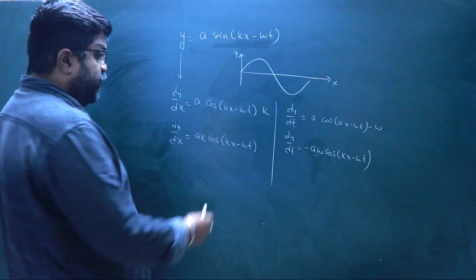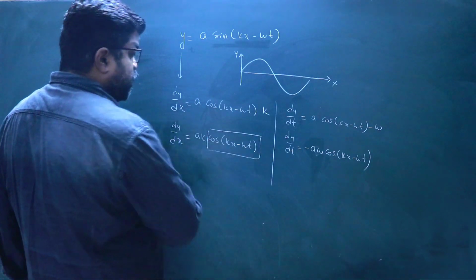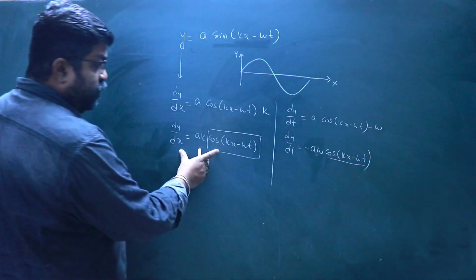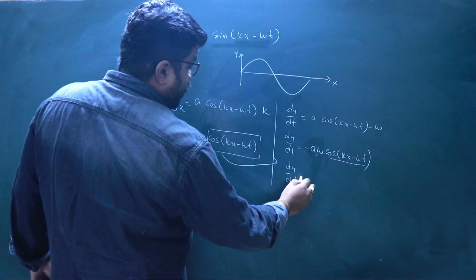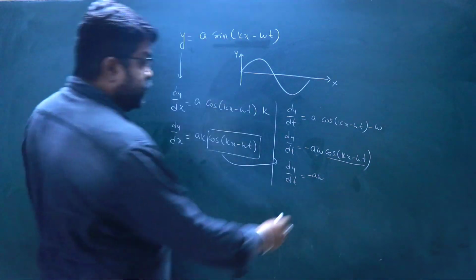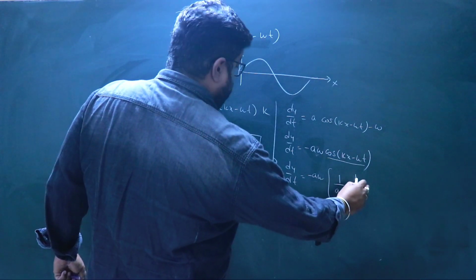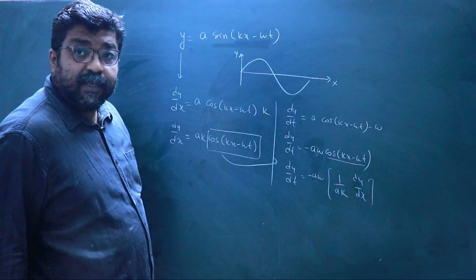Here also I have got this cos(kx minus omega t), so I substitute its value from the dy by dx equation. It becomes dy by dt is equal to minus a omega times 1 by ak dy by dx, correct?